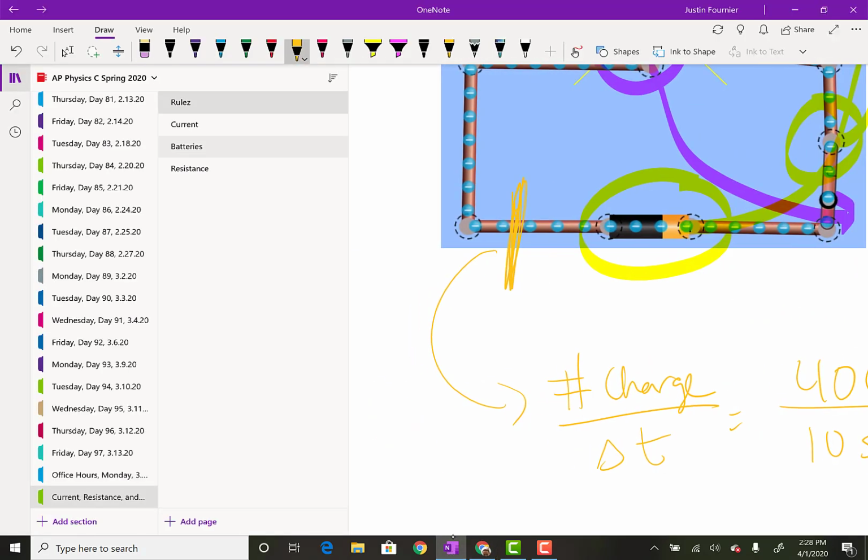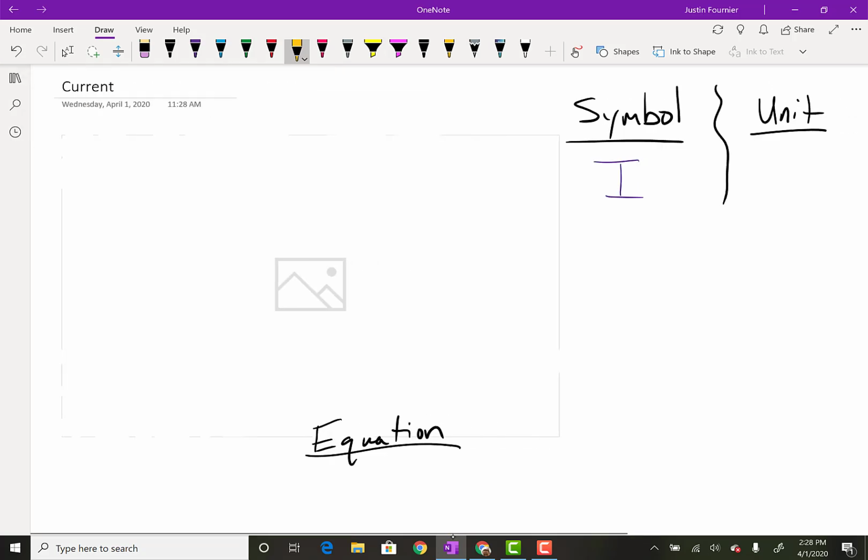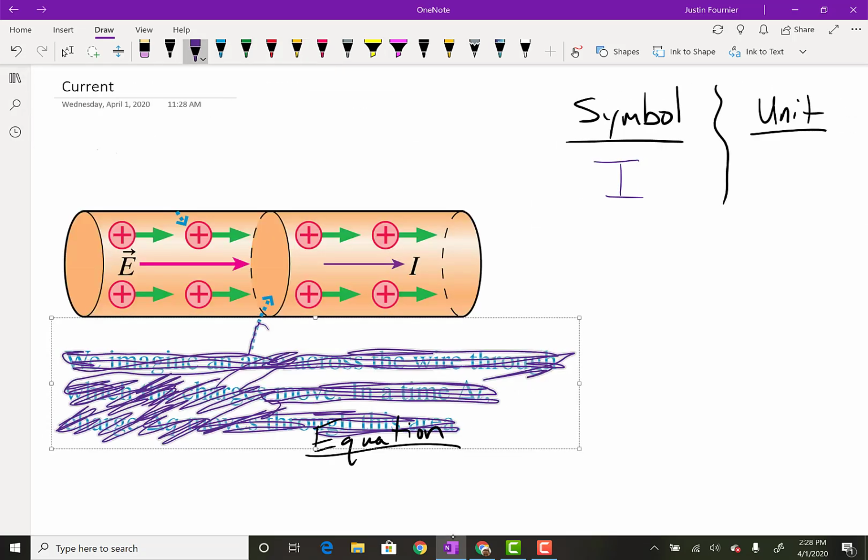However, nobody uses coulombs per second. Instead, we actually use what's called ampere. I think there's an accent aigu right there too. Ampere, by this guy, Ampère. So we say, instead of, what did I get before? 10, right? No, 4.